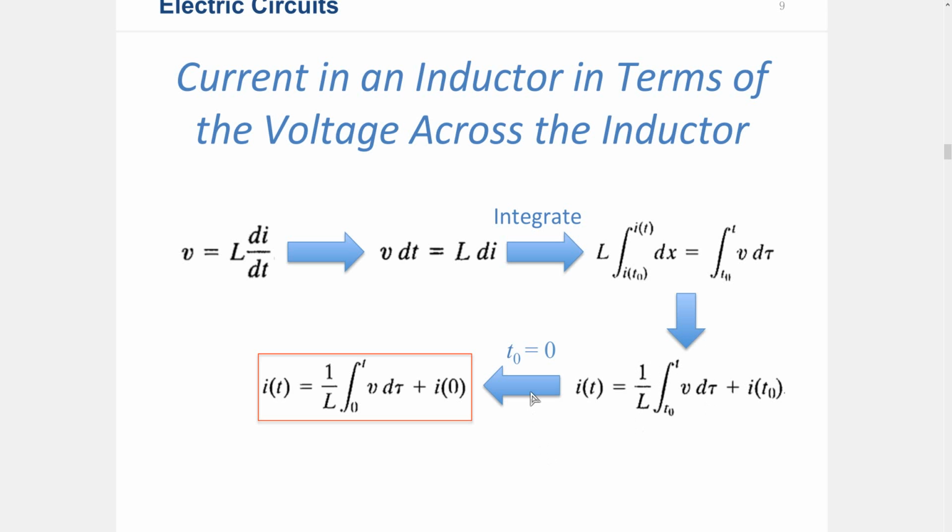So if we assume that t0 equals 0, then we get the i-t relationship that we derive from the original voltage to current relationship, as 1 over L integral from 0 to t of v dt plus i0.